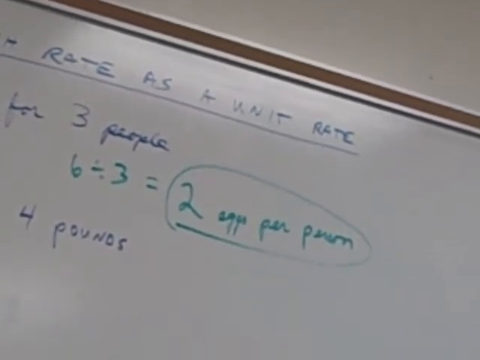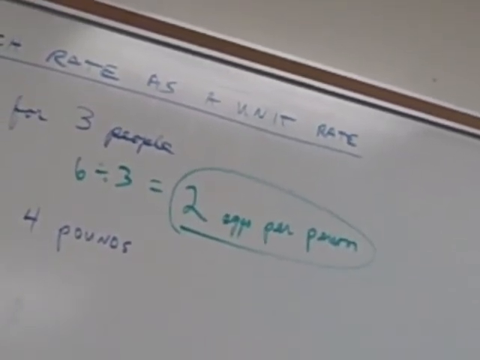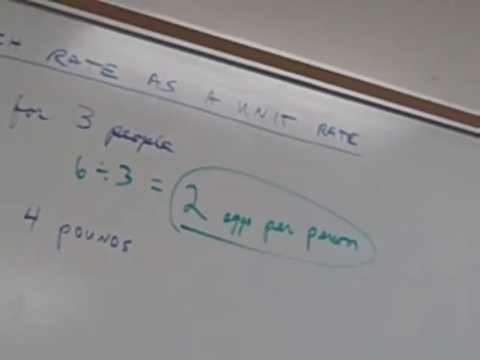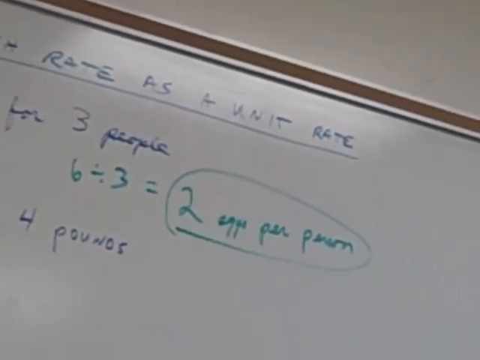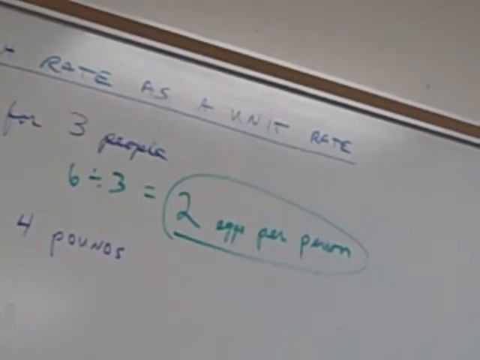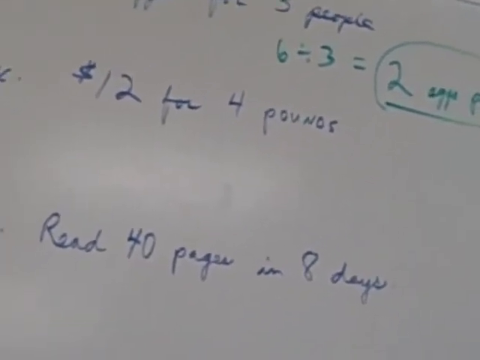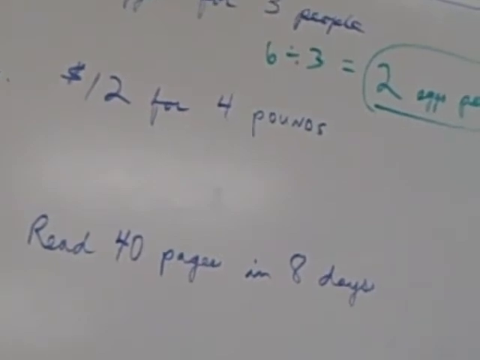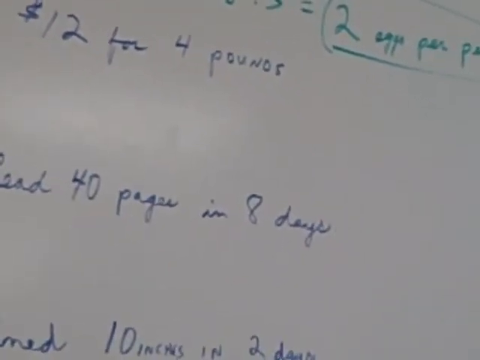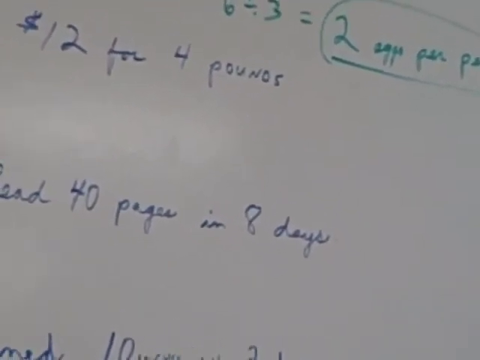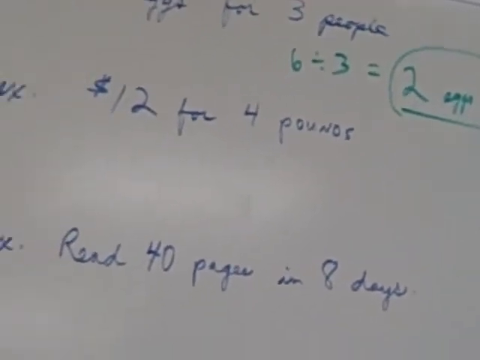There's our English language again, right? Per, P-E-R, and purr, P-U-R-R-R-R. Okay. $12 for 4 pounds of potatoes. I don't need 4 pounds of potatoes. I need 1 pound.